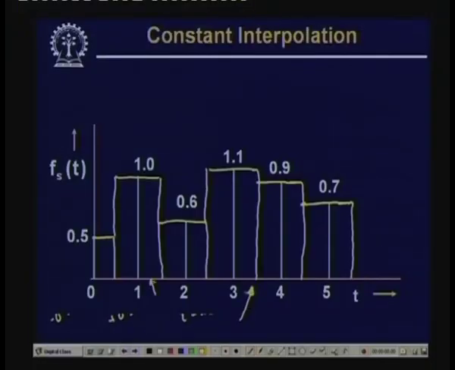So, here for any point within this range, that is for t equal to 1 to t equal to 1.5, the nearest sample is f 1. For any sample from 1.5 to 2, the nearest sample is p 2 or f 2. So, this f 2 is copied to this particular location t, where t is from 1.5 to 2. So, this appears to be a more logical interpolation than the original formulation of interpolation.